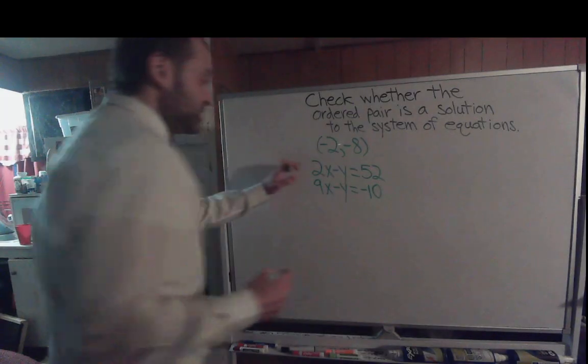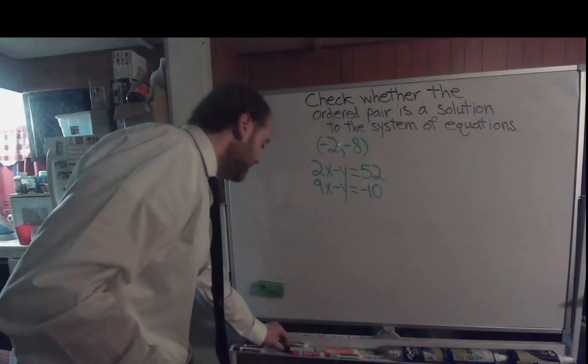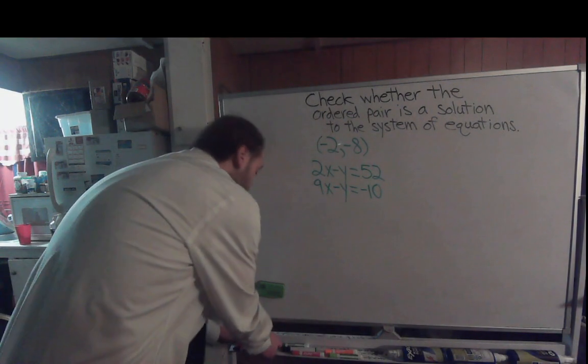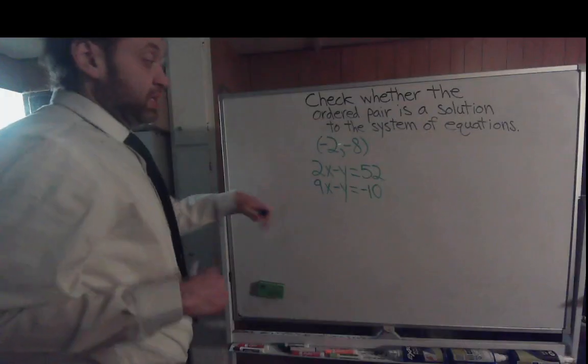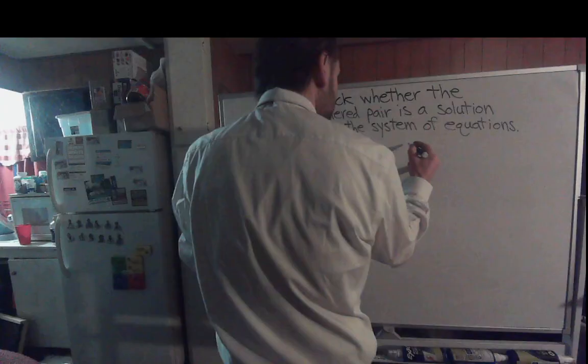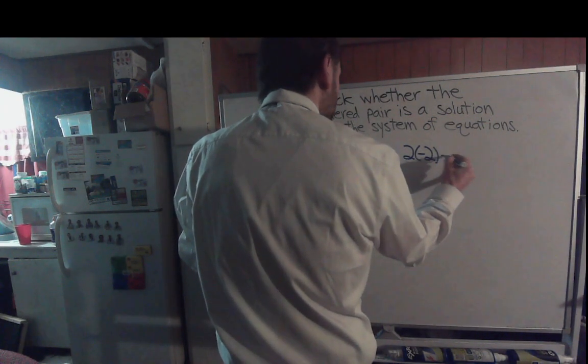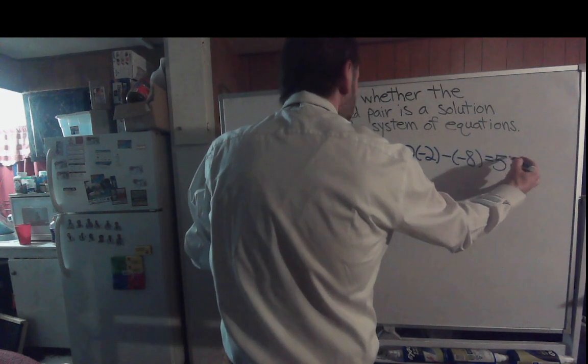So here's your system of equations, and you're given the point (-2, -8). Is that going to be a solution? Well, let's plug in the x and y values into 2x minus y equals 52. So take 2 times -2 minus -8, set that equal to 52.